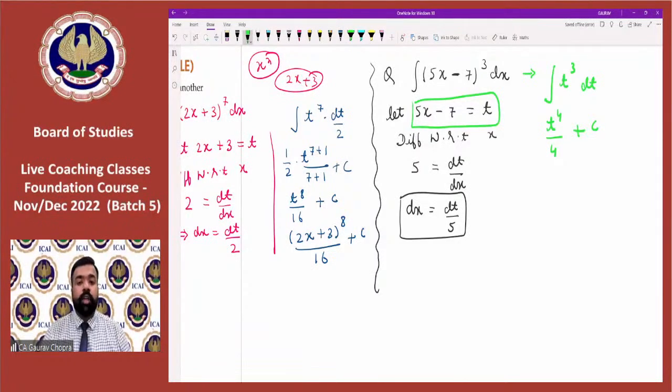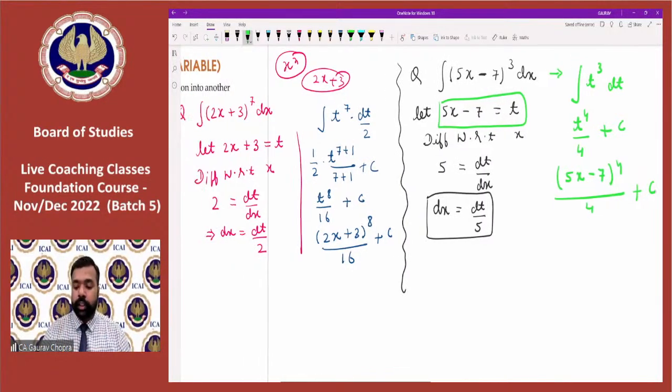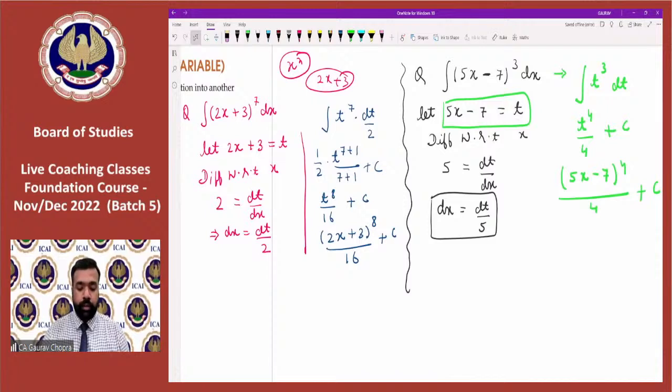Now at last, substitute the value of t again. So (5x minus 7) to the power of 4 divided by 4, and then plus c. So this is the result, and this method is known as the substitution method.